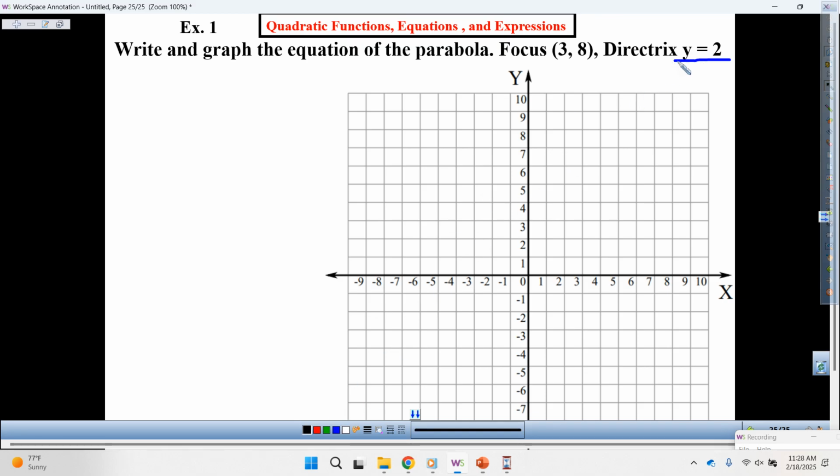Tell your neighbor. First equation that comes to mind. All right, first equation, Gabriel. X squared equals 4py.